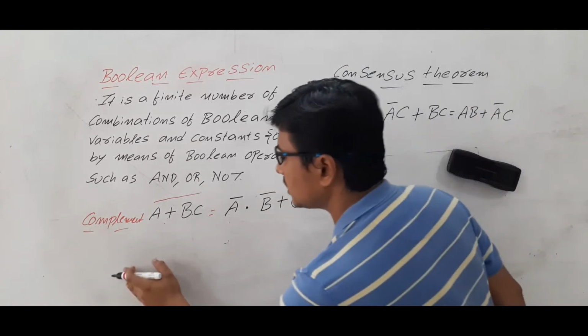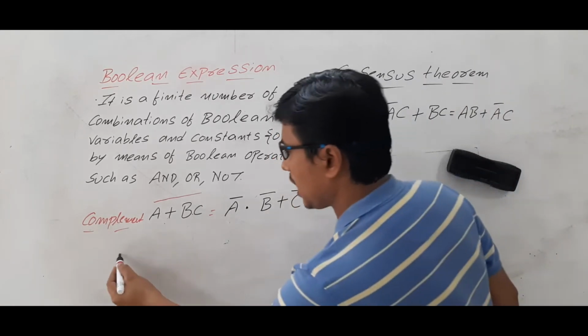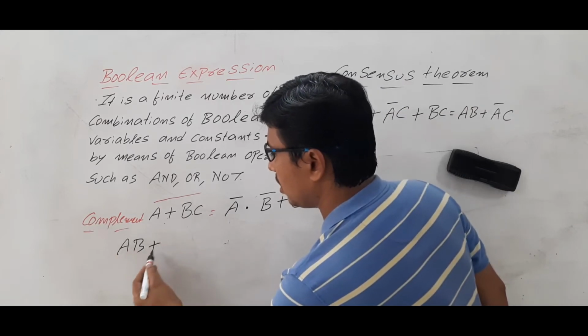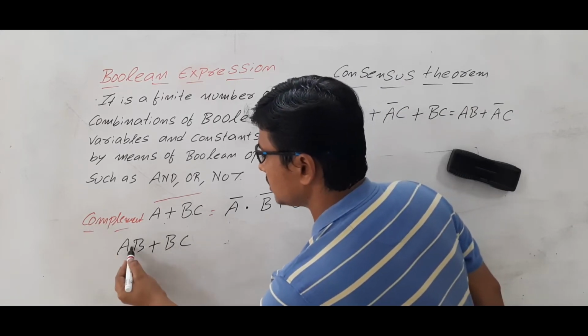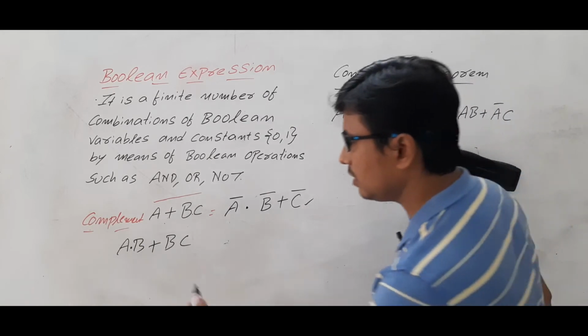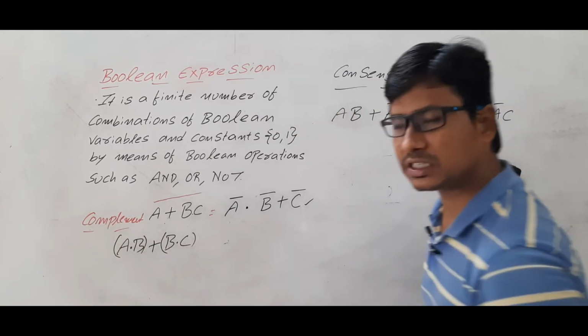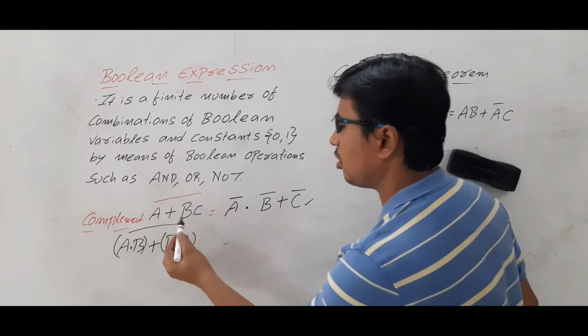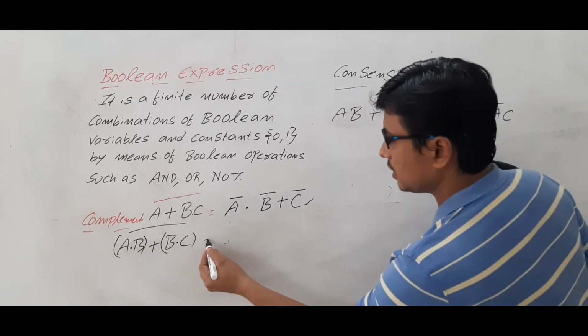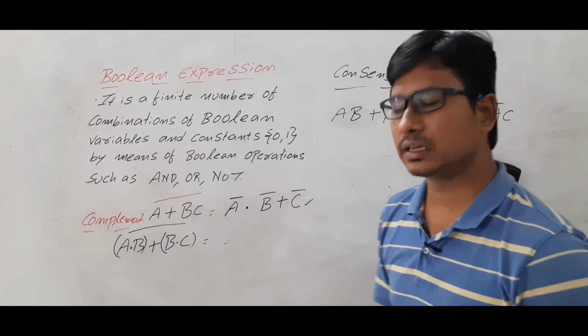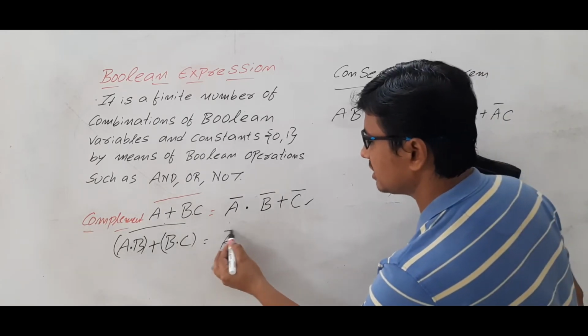If you do not understand, let me take another example. You have AB or BC, meaning A and B or B and C. This is one expression. If you want to find the complement, take this one. A you make A complement, very simple.